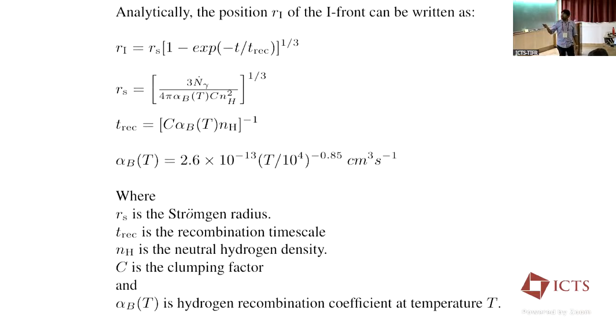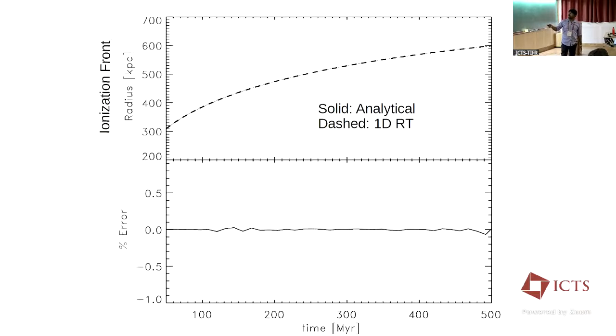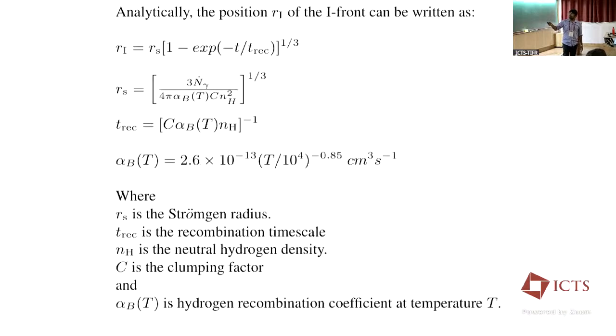If you use that particular prescription, which fits very well with the analytical prescription and the results from the 1D ray transfer, we can just use the simple prescription that, given an age of the source, it will give you the size of ionized regions.